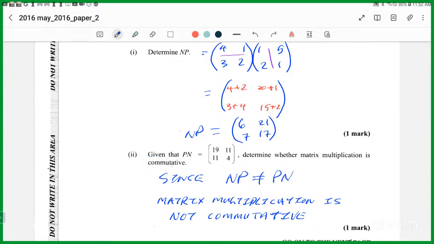If they were commutative, then the result would be the same when you switch them around. Just like 2 times 3 is 6, and 3 times 2 is also 6. In regular numbers, multiplication is commutative.